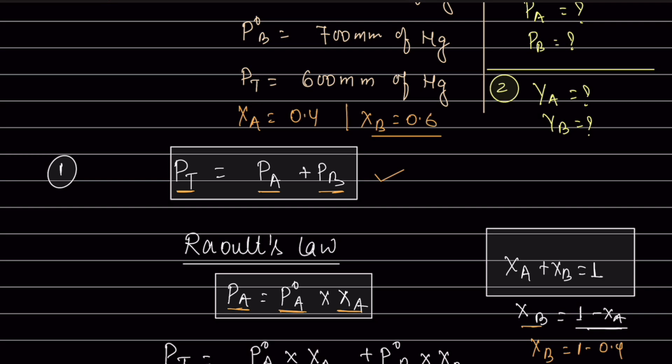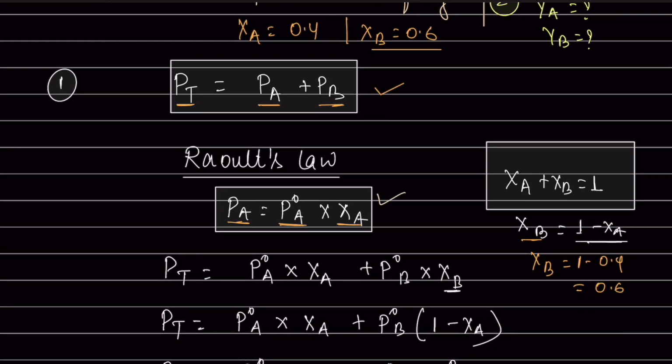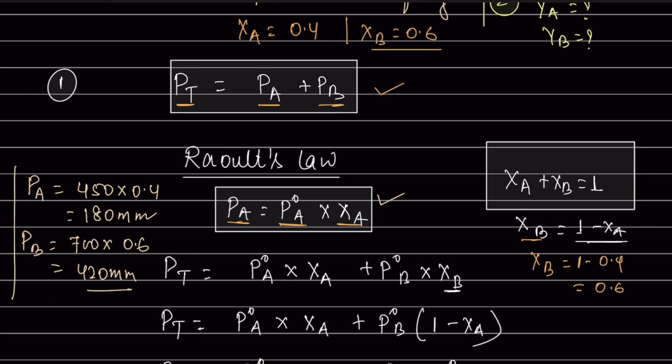If we have to find Pa and Pb, then we can use Raoult's law and substitute the values. Pa is equal to 450 into 0.4, 180 mm, and Pb is equal to 700 into 0.6, which is 420 mm. So we got the answer for the first part.